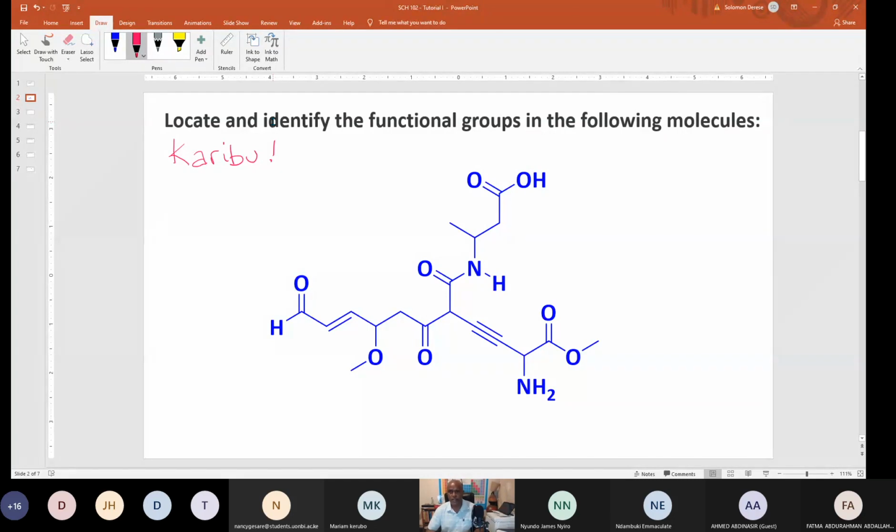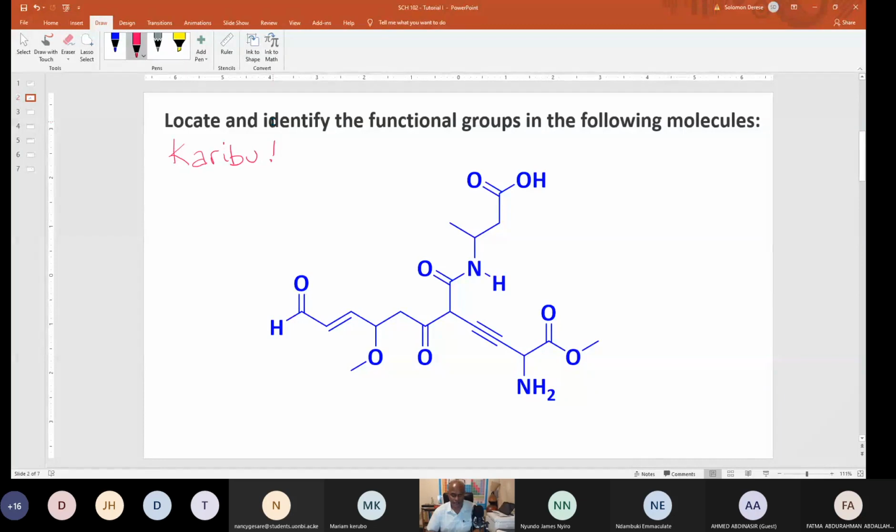But it is made easy because what determines the physical properties, chemical properties, or even biological properties of an organic compound is the functional group.